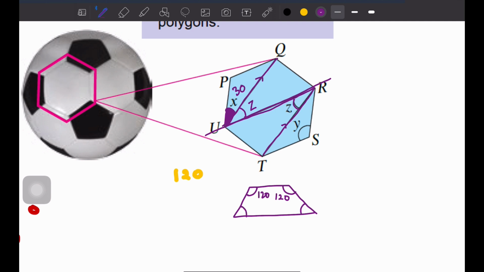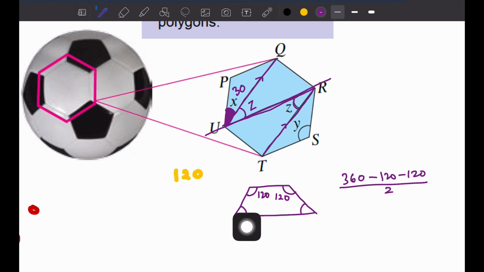So take your calculator. This one has 4 sides, so it is 360. So 360 minus 120 minus 120, and then divide by 2, because we want to get this one.